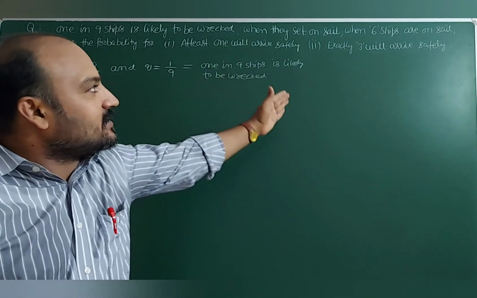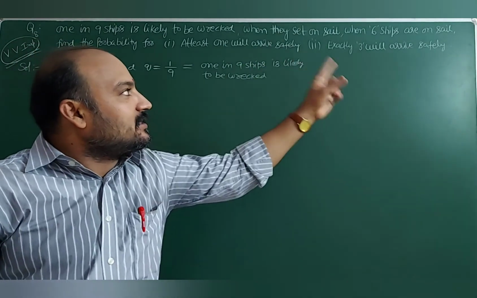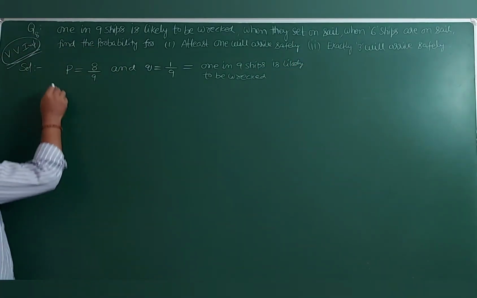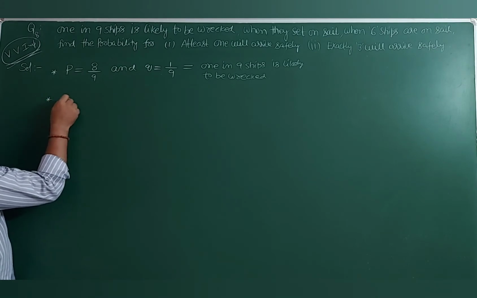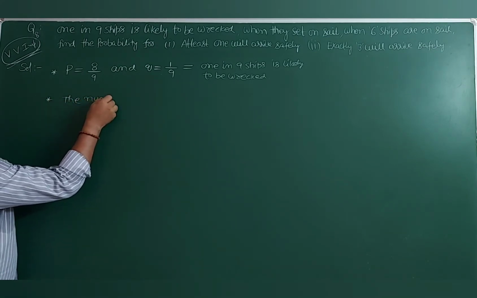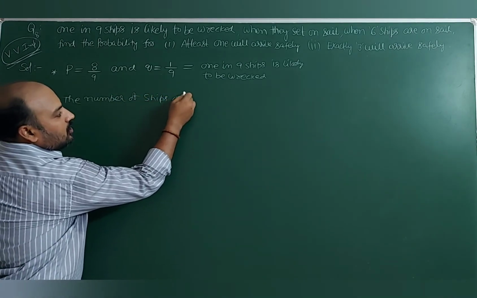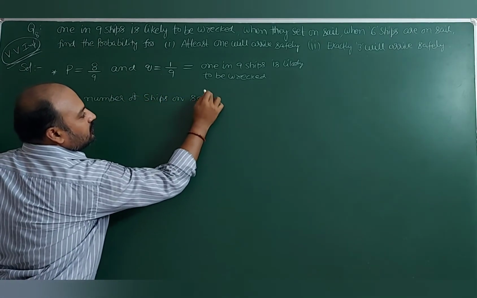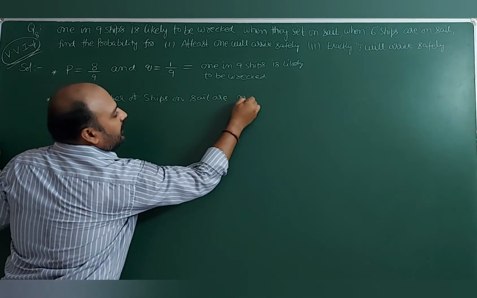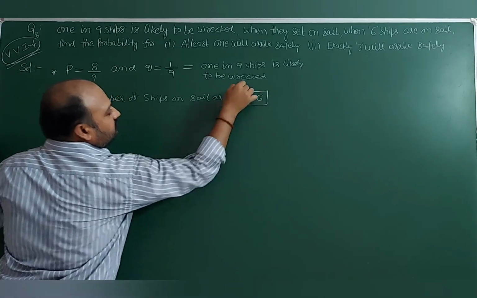When 6 ships are on sail, the number of ships on sail is n is equal to 6.